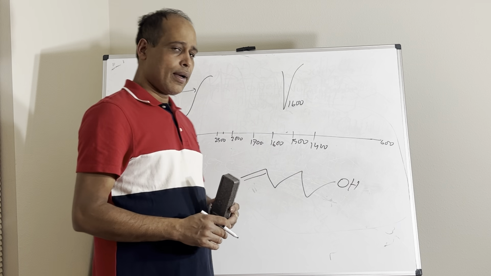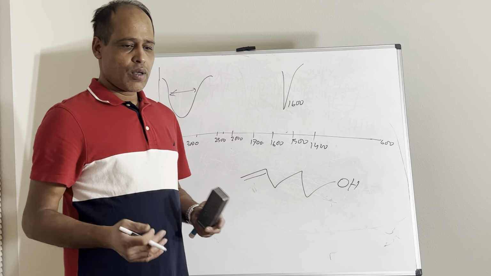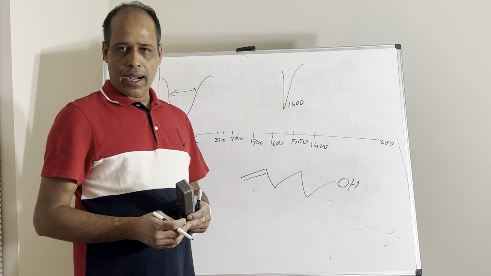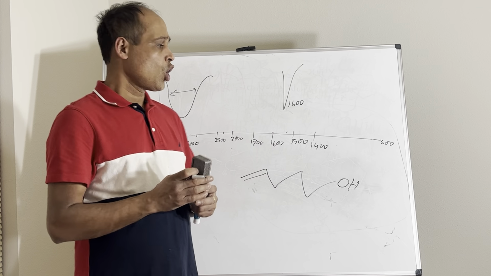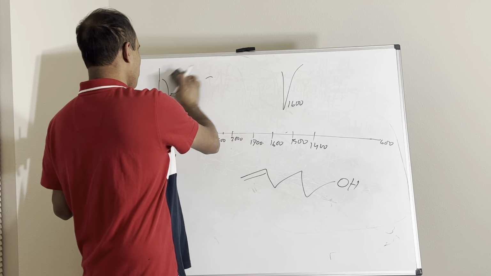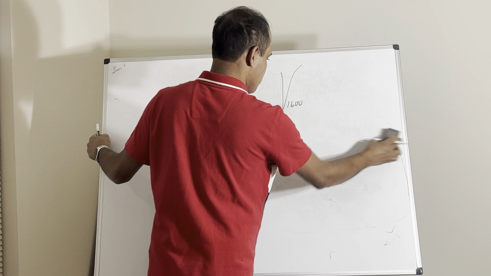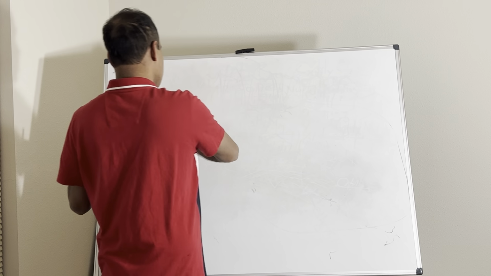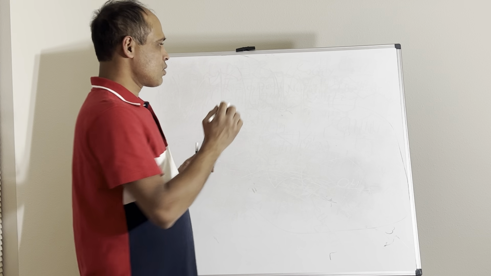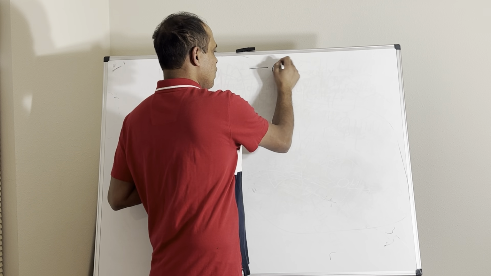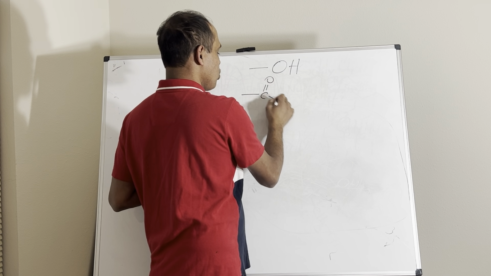I think now it will give you some sense of how you are going to gather the information for the functional groups. You need to know the functional groups; that's how you can get the pieces to determine the structure. In short, I just want to review some functional groups. If you have OH, this is the alcohol. If you have a carbonyl with R and R, it will be a ketone.